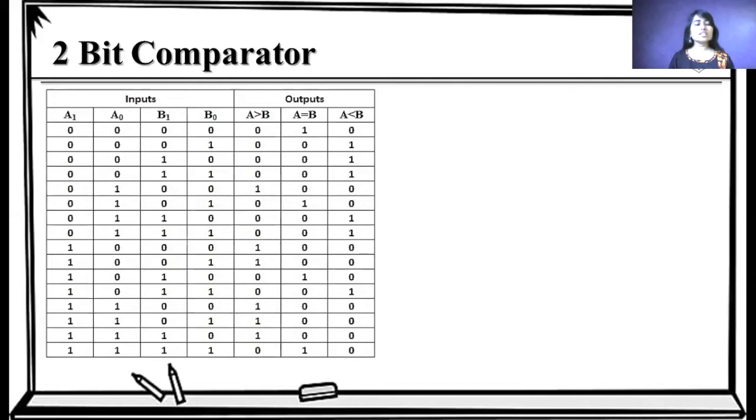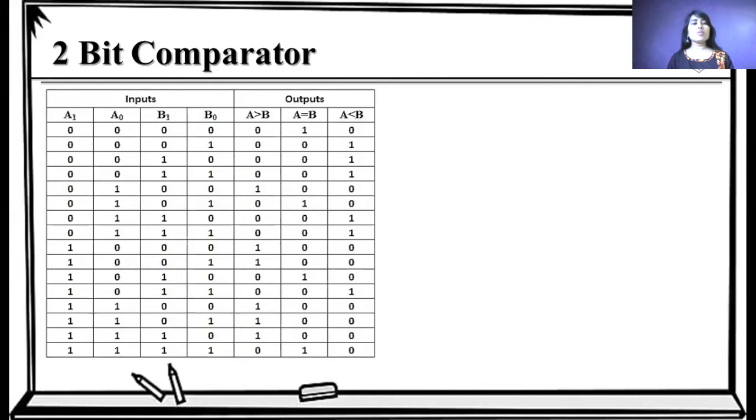Now consider this combination: A1 equals 1, A0 equals 0, B1 equals 0, and B0 equals 0. After comparison of A1, B1, A1 is 1 and B1 is 0, so we have A greater than B directly from the first comparison.